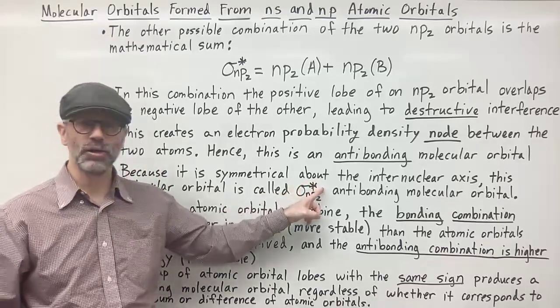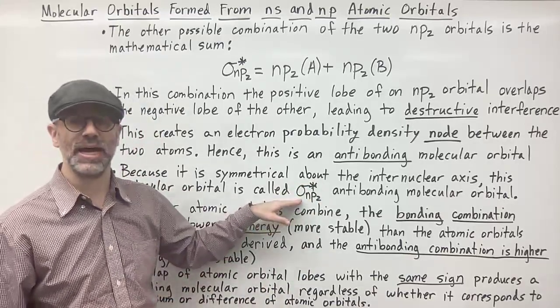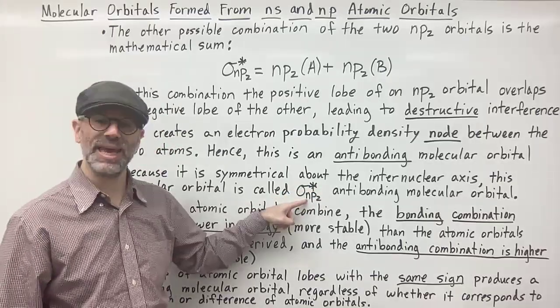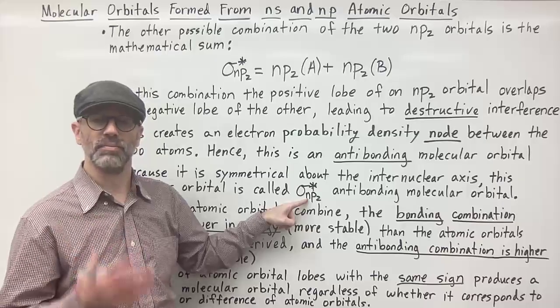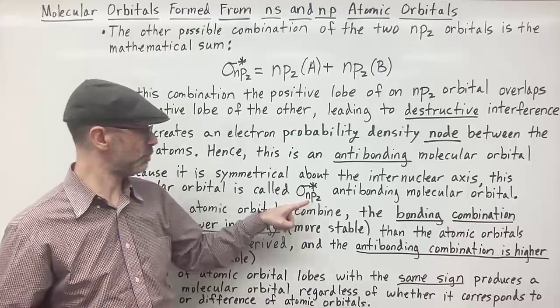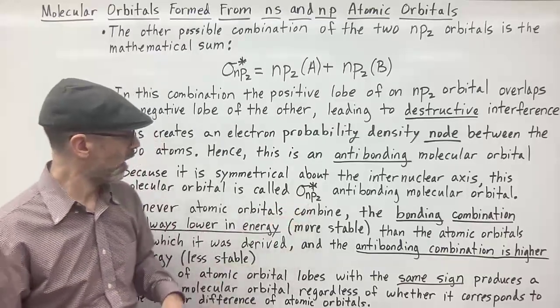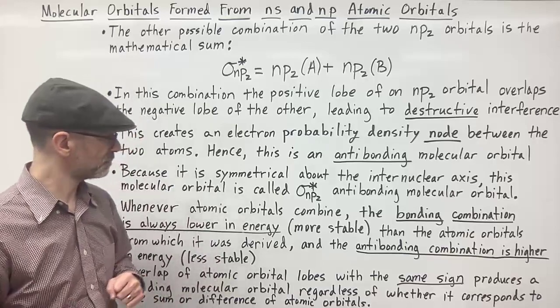The star here is referring to the fact that this is an antibonding orbital, so we call it sigma NPZ star. And again, remember, the N is just the energy level, the principal energy level, so either a 2 or a 3 or a 4, depending on what atomic orbitals have overlapped with each other.